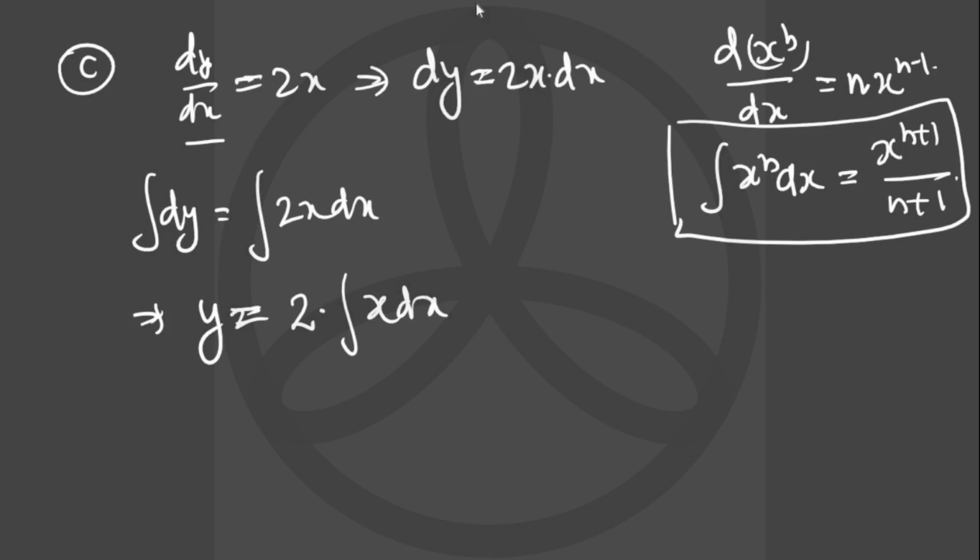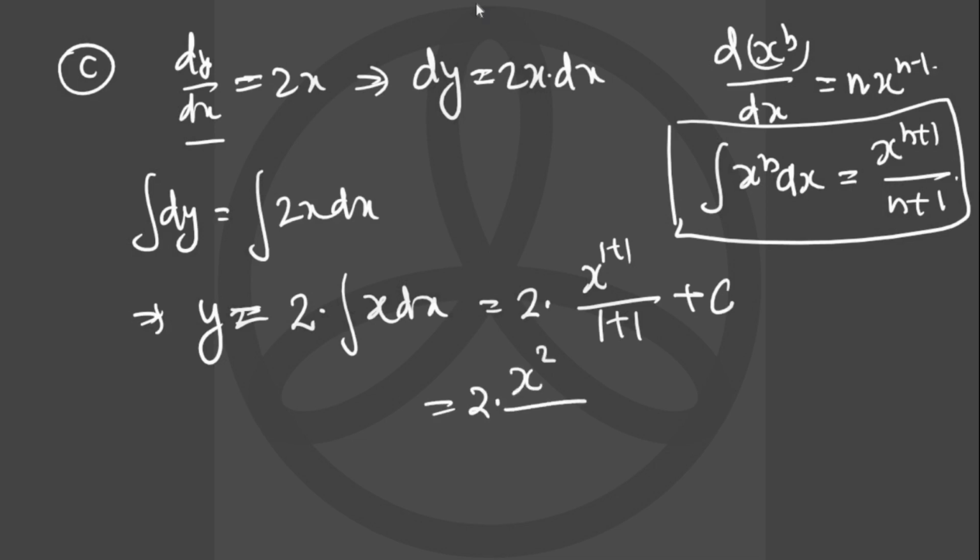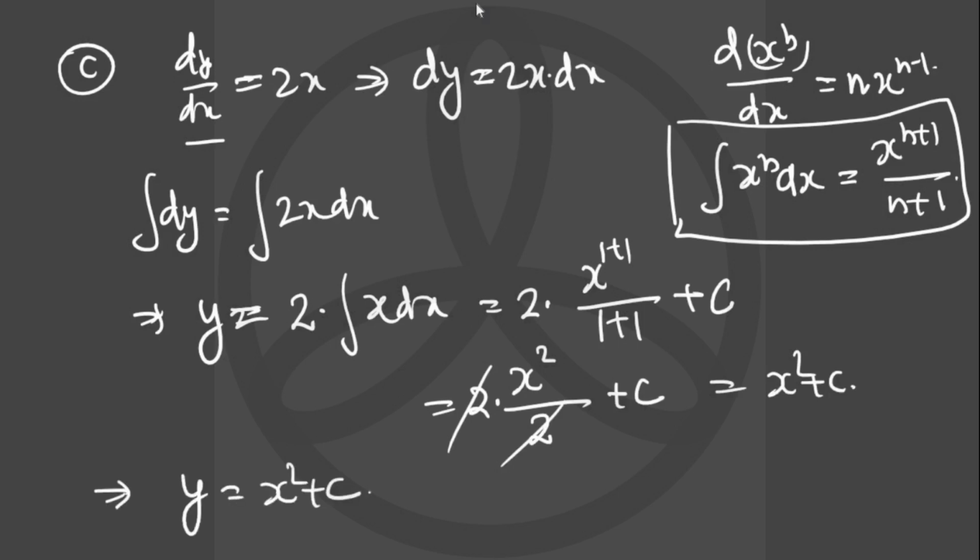So our answer will be 2 times x to the power 1 plus 1 in the numerator and 1 plus 1 in the denominator, plus a constant of integration c. This will give us 2 times x to the power 2, and 2 in the denominator, plus c. The 2s will cancel and we will get x square plus c. So our solution for the above will be y is equal to x square plus c.